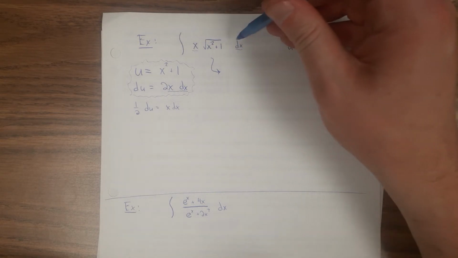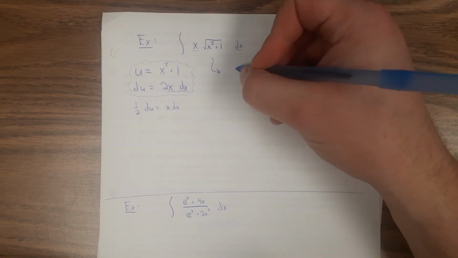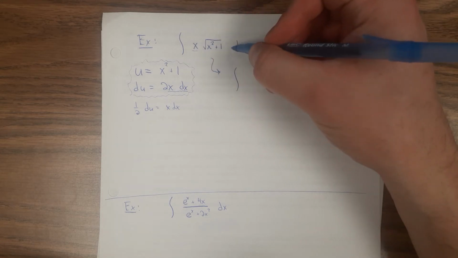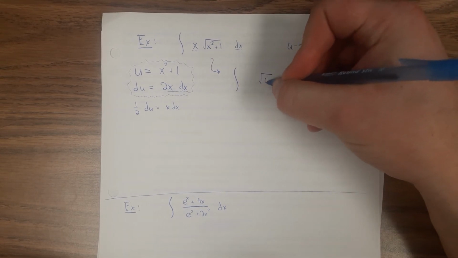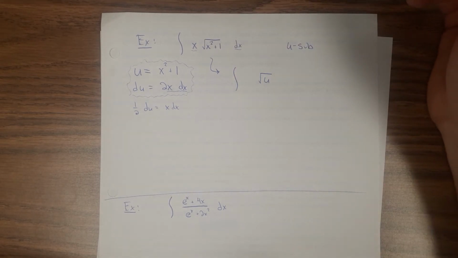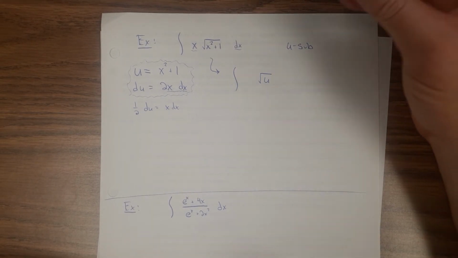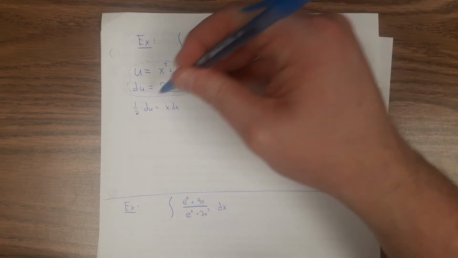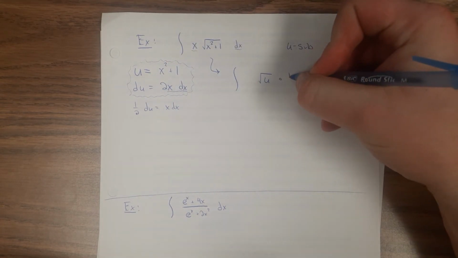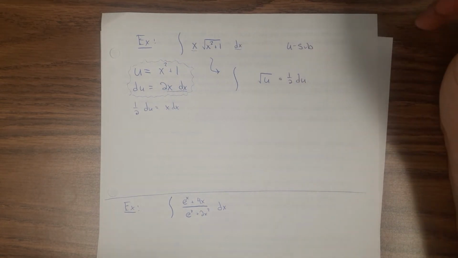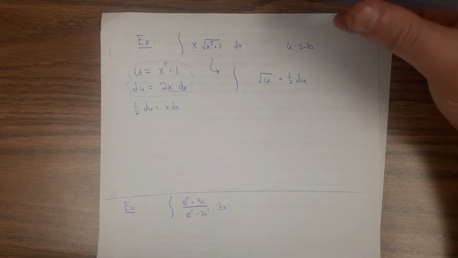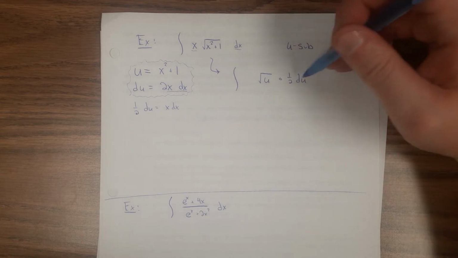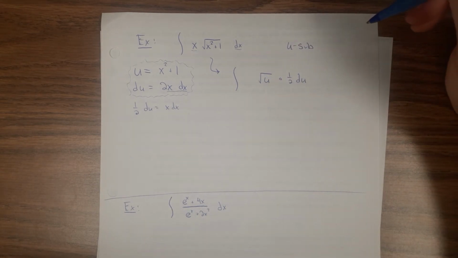So, what I'm going to do is I'm going to take the original integral and replace everything. Of course, what's underneath the square root is the easiest thing to replace, but also the x dx can get replaced with 1/2 du. And I like that because my goal is to write a new integral that doesn't have any x's in it, and I'm there.